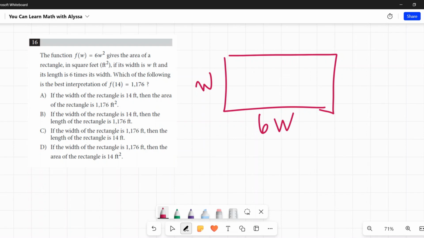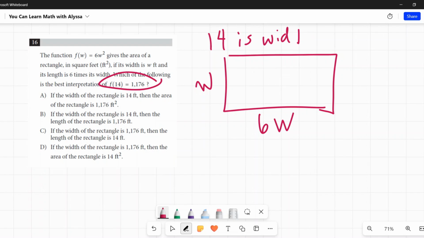Which of the following is the best interpretation of f of 14 equals 1,176? So we're told up here it's f of w. W is the width. So f of 14 would mean 14 is the width. Before I even look at the answers, I'm saying, okay, in this case, 14 is the width.